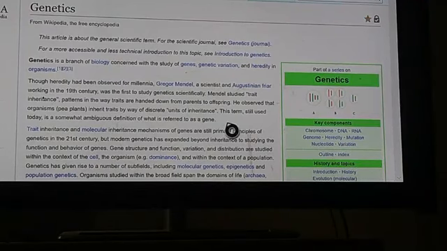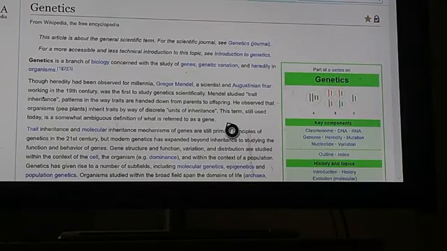Let's get into this. It's a branch of biology concerned with the study of genes, genetic variation, and heredity in organisms. Though heredity had been observed for millennia, Gregor Mendel, a scientist and Augustinian friar who worked in the 19th century, was the first to study genetics scientifically.